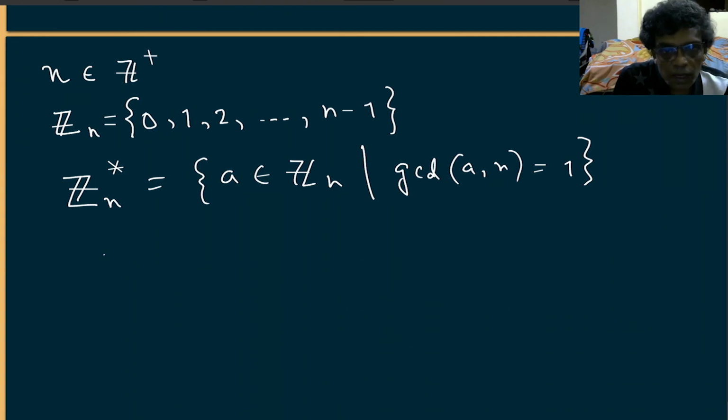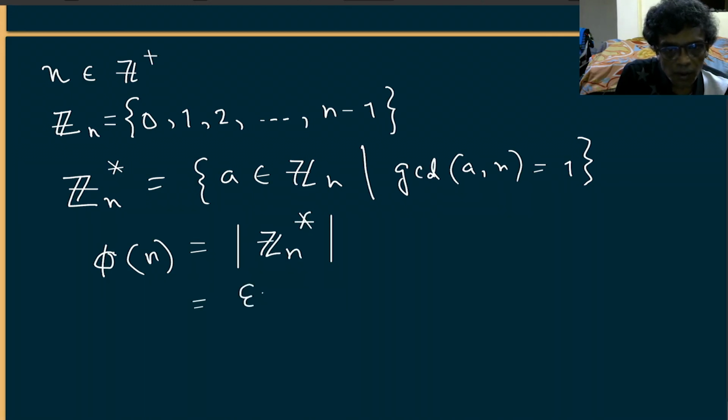In particular, I ask the question, how many remainders are coprime to n? In other words, I just define this as the size of this Zn star. Okay.